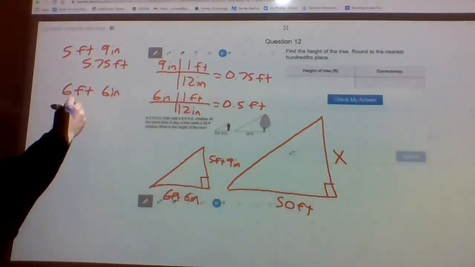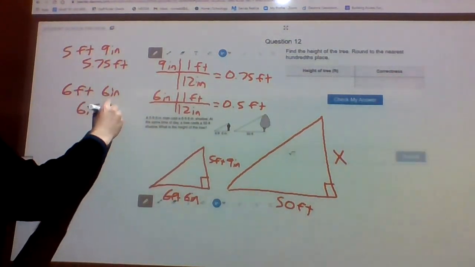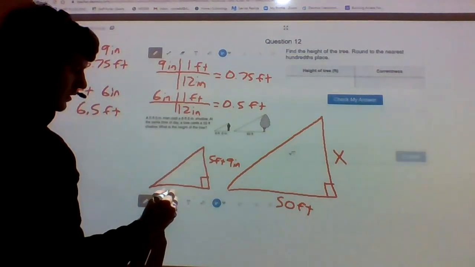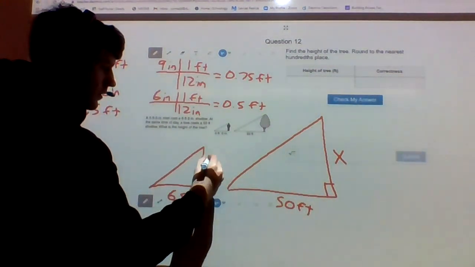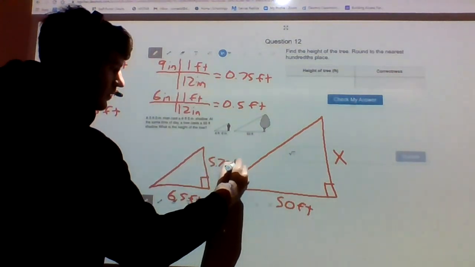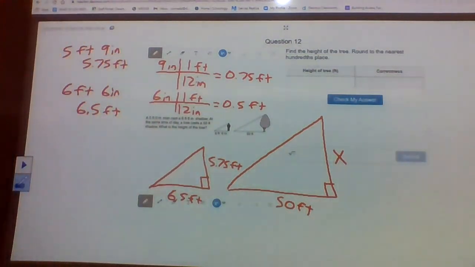So 6 feet 6 inches is 6.5 feet. So we can replace these here. We have 6.5 feet, and we have 5.75 feet. Okay, we can set up our ratio.